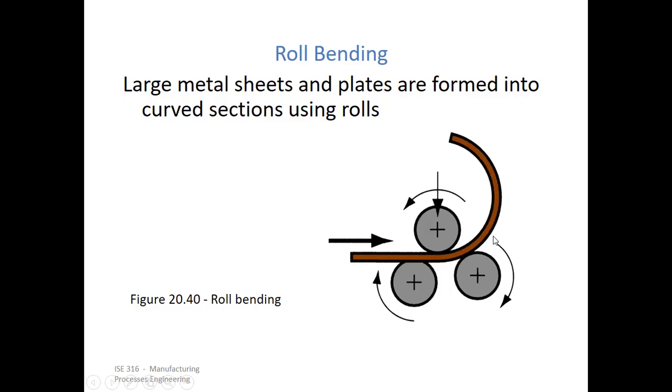So this is how roll bending can be helpful, because we are using a mechanical setup like rolls to modify the shape of this sheet metal. It is earlier flat. Now we want to give it some shape, right? Maybe a curvy shape is required for all intents and purposes.